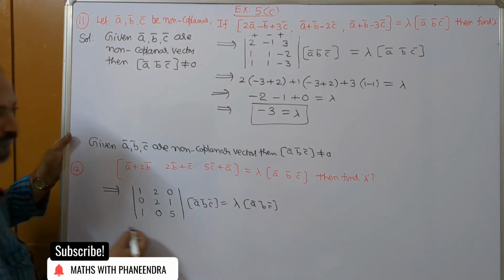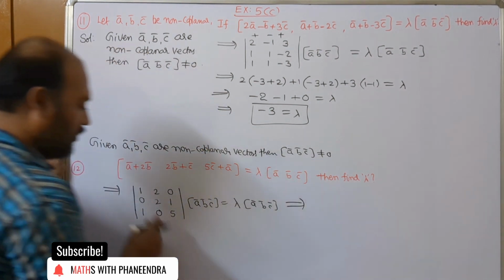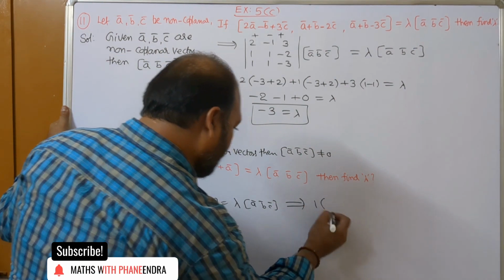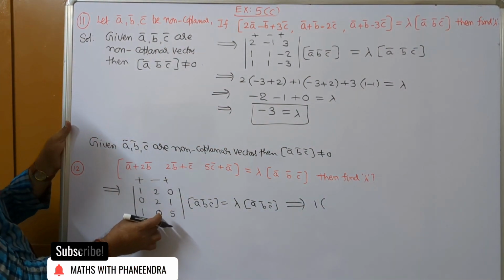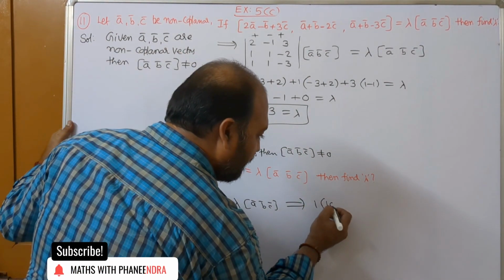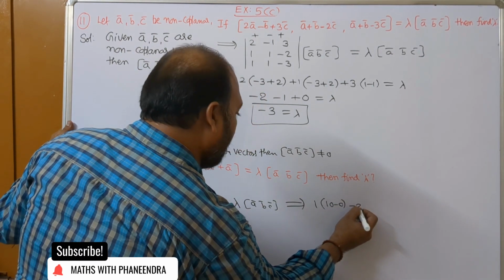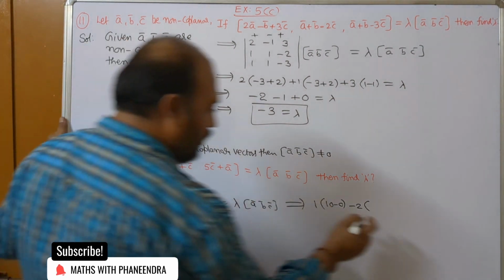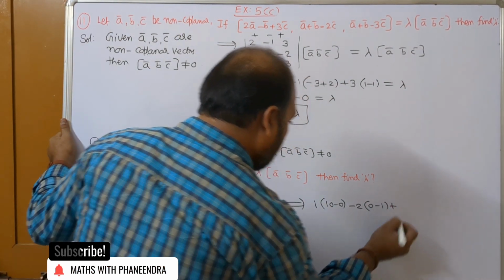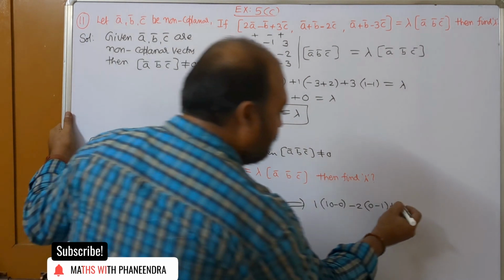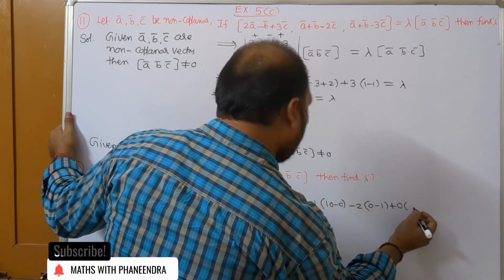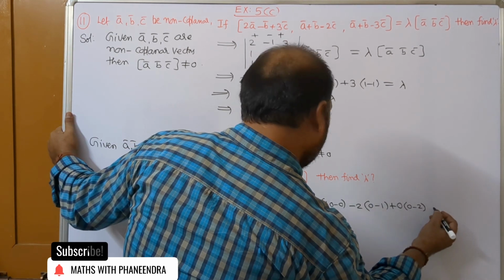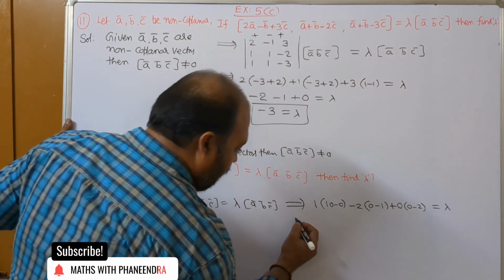Now expanding with plus, minus, plus: 1 into 5 into 2, 10 minus 0, minus 2 into 0 minus 1, plus 0 into 0 minus 2, is equal to lambda.